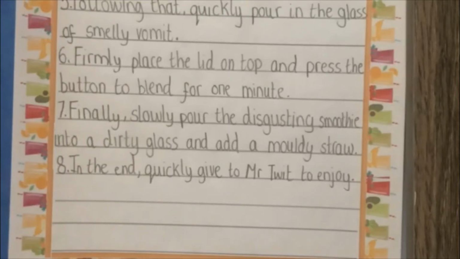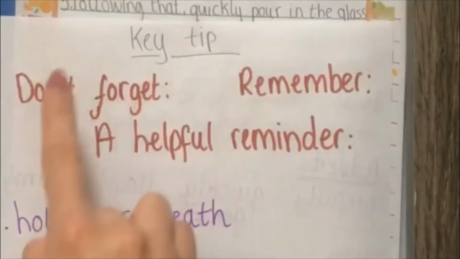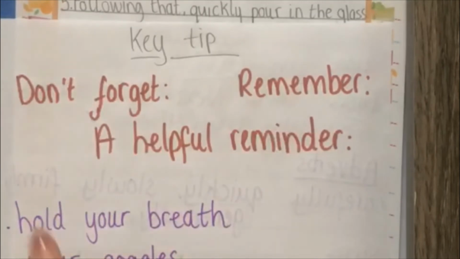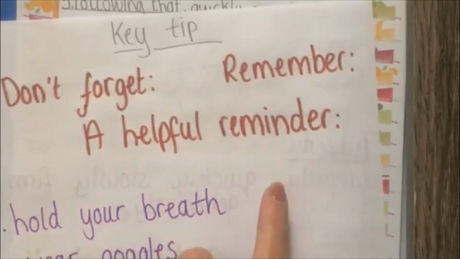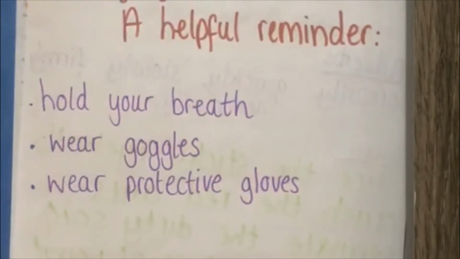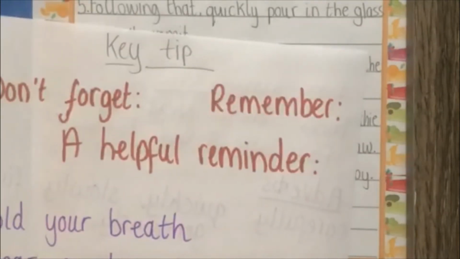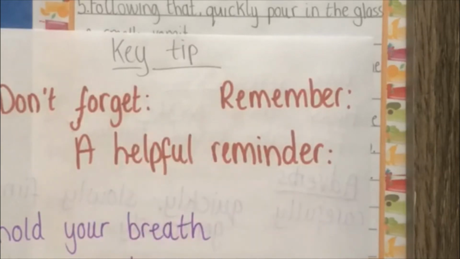So today in the lesson, I wrote down some of my ideas. I have my ideas for what I could change for the start. So rather than remember, I could pick don't forget, a helpful reminder, and then I have some ideas for my key tip here. So first I need to look at what am I going to do to change the start. So rather than saying remember, what else could I pick?